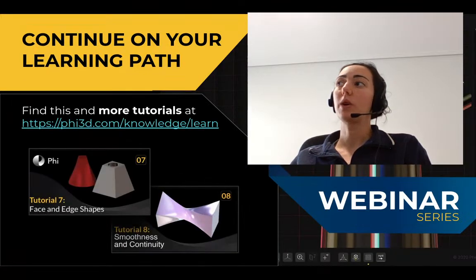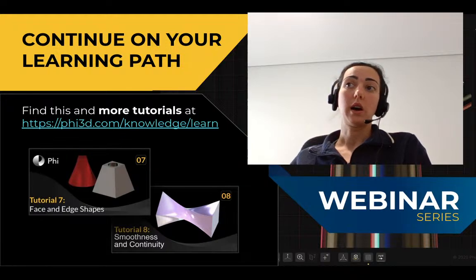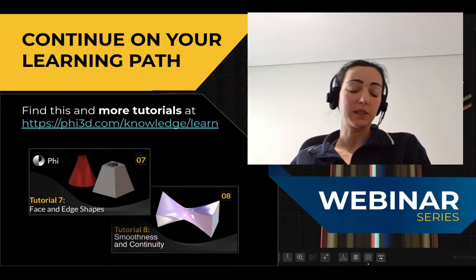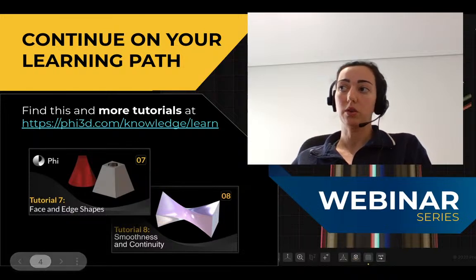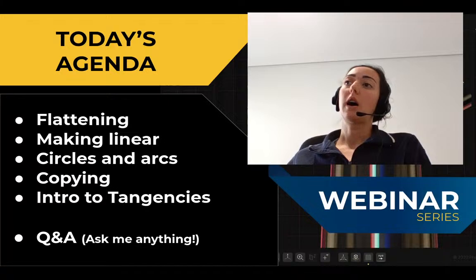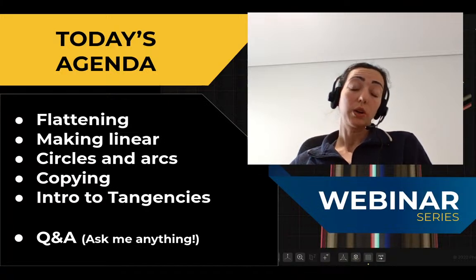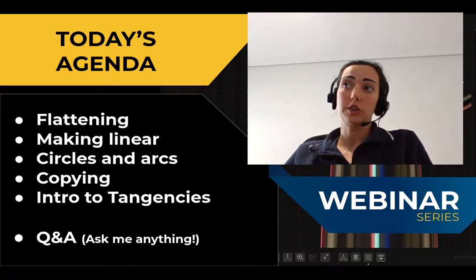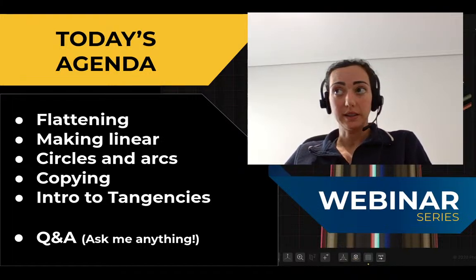And today we are going to cover the seventh tutorial and part of the eighth one, which covers phi shapes, tools that allow us to give more precise shapes to our phi designs.